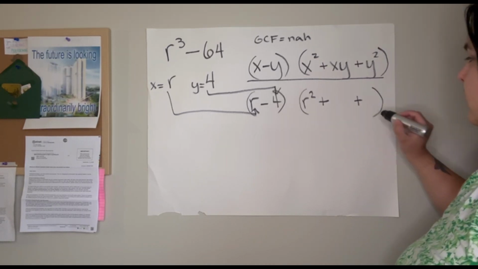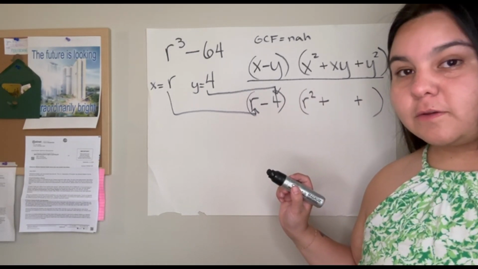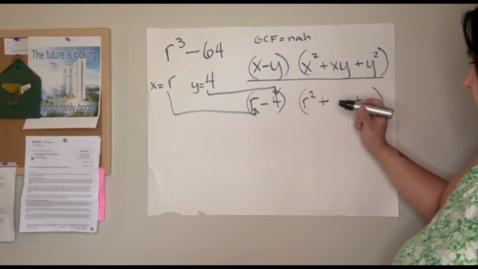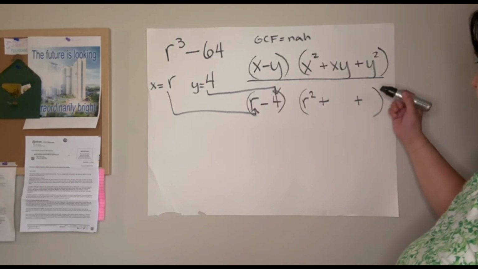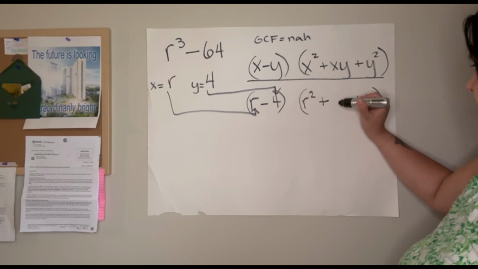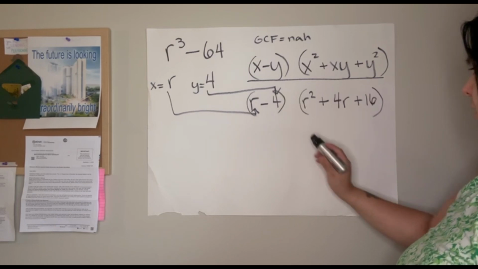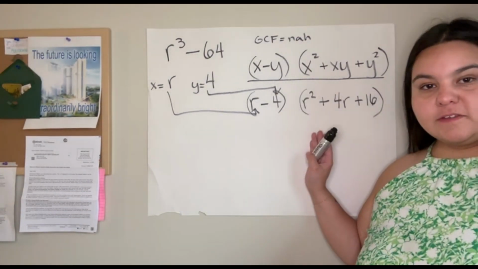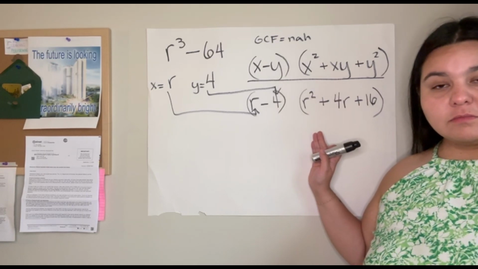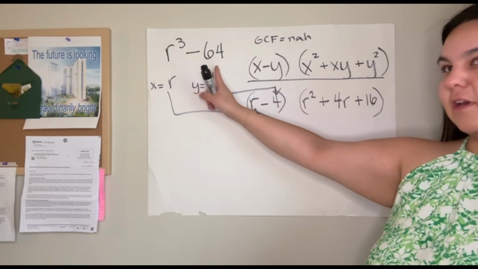So you already know that we're doing the difference of two cubes, so they're going to be pluses. And four squared is 16. xy is 4r. And so now this is the final factored form of r to the power of 3 minus 64.